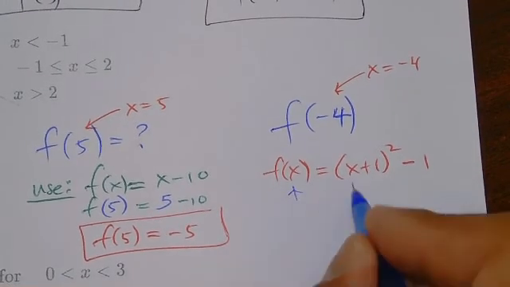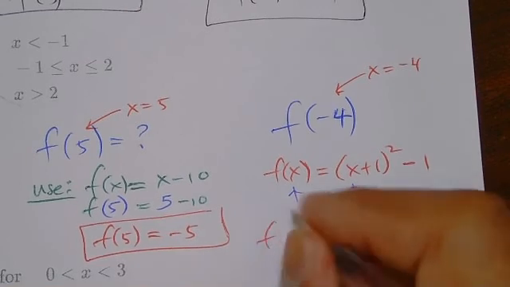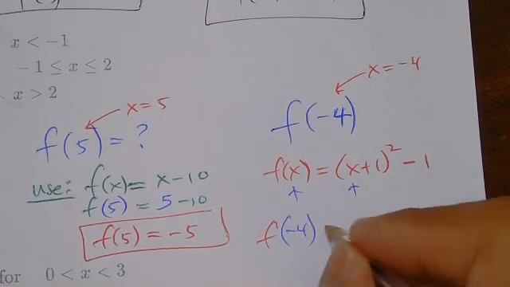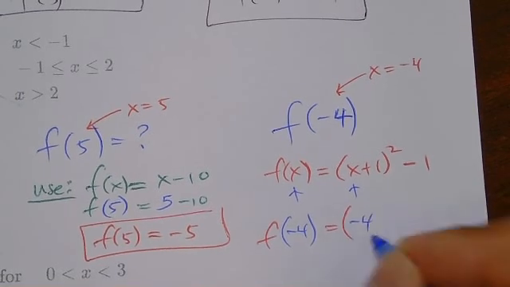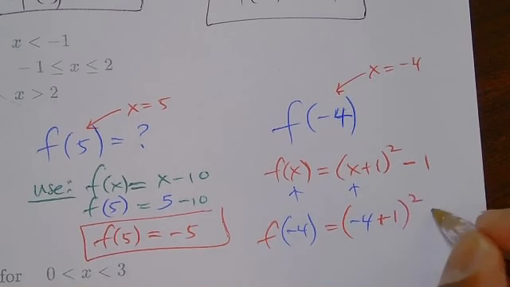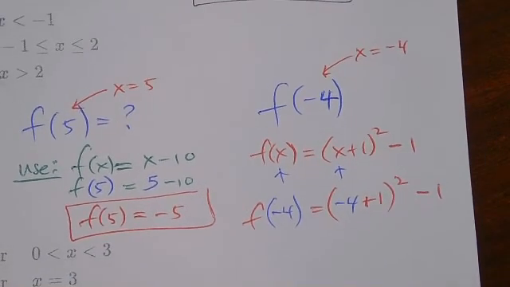And then what are we going to put? Well, for every x, we're going to put a -4, right? So now we get it now?